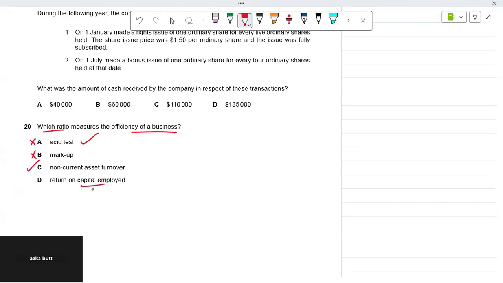It measures the profitability and efficiency with which a company's capital is employed, and its formula is operating profit divided by capital employed multiplied by 100, overall efficiency and profitability. So non-current assets turnover specifically measures how efficiently a business uses its non-current assets to generate sales, making it the ratio that directly measures efficiency. So that's why C option is the right option.